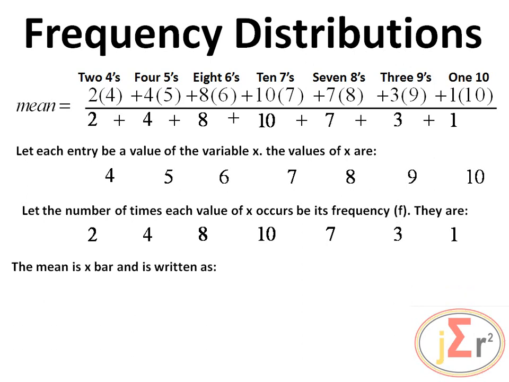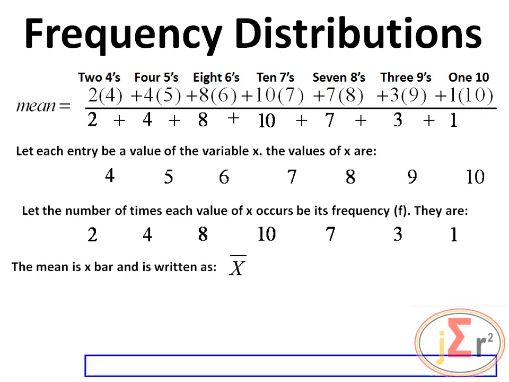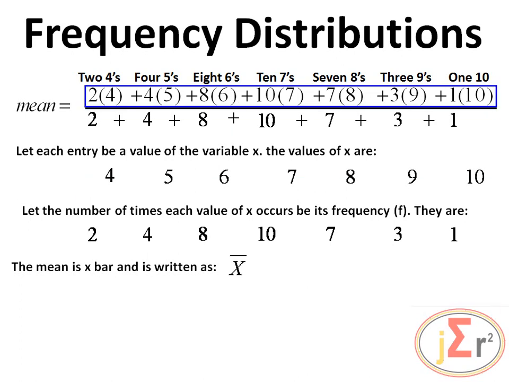The mean is x bar, that's what we call it. Some people call it bar x because the bar is above the x, so they call the bar before the x. I call it x bar, and it is perfectly safe to say x bar. So x bar is equal to, what do we do? It is equal to the summation of the products of f and x.